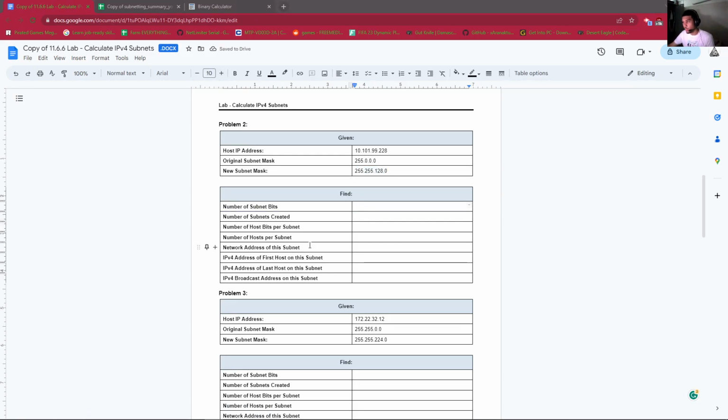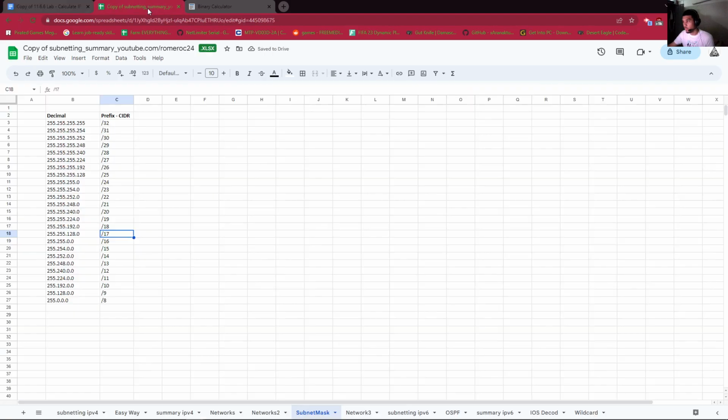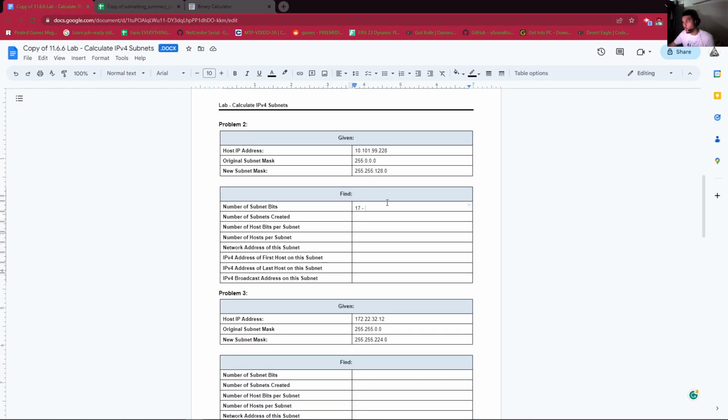So 17 minus with the 255 is 8. So it's 8, we get 9. So for the number of subnets created, it is 2 to the power of 9. So we should get 512.